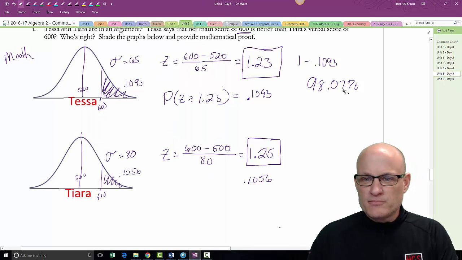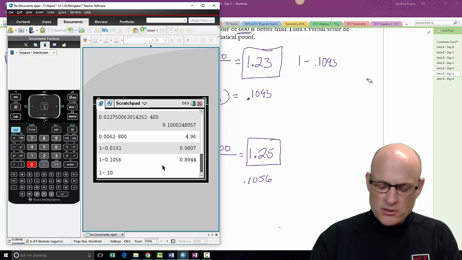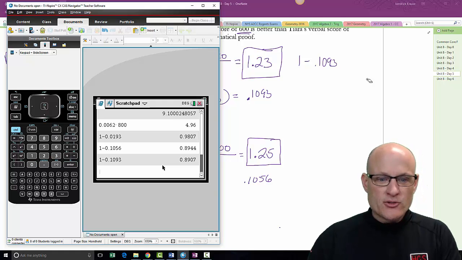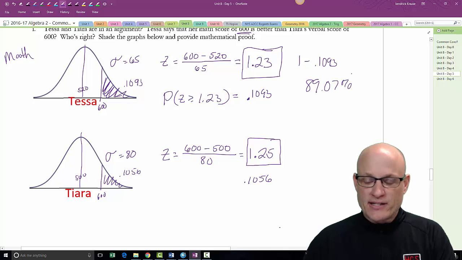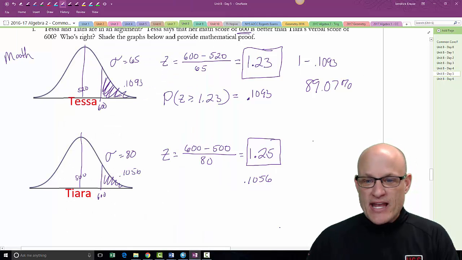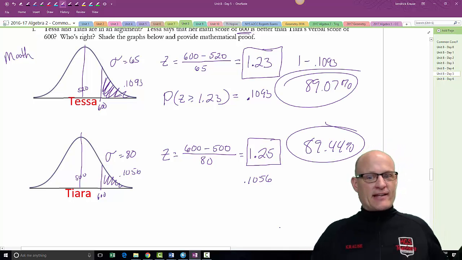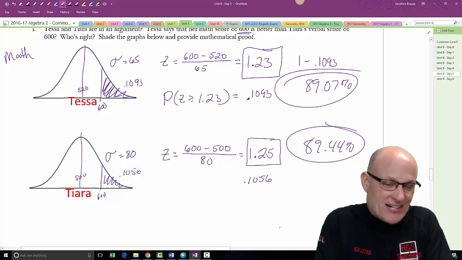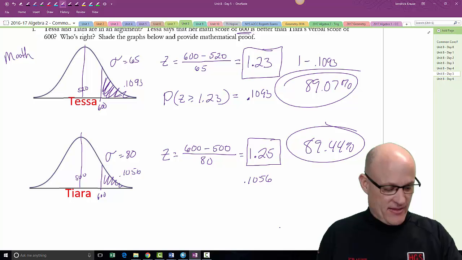I screwed that up. I knew that was a little high. 1 minus 0.1093. So she scored in the 89.07th percentile, whereas Tiara scored in the 89.44th percentile. So in other words, pretty much they did the exact same thing, but because Tiara's score is slightly higher, Tiara did slightly better on the test.